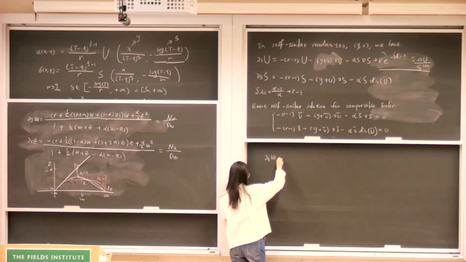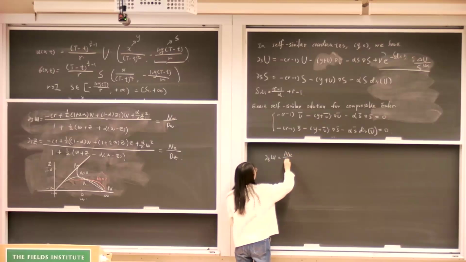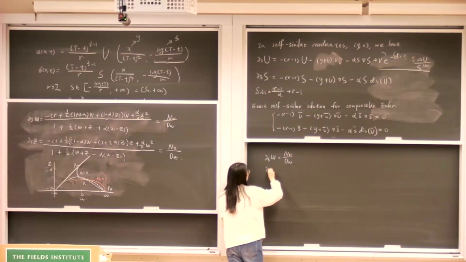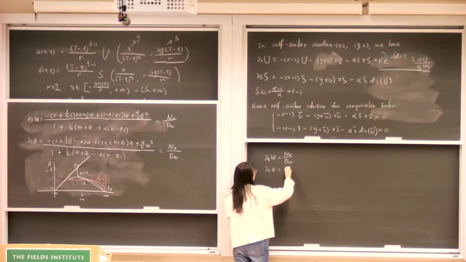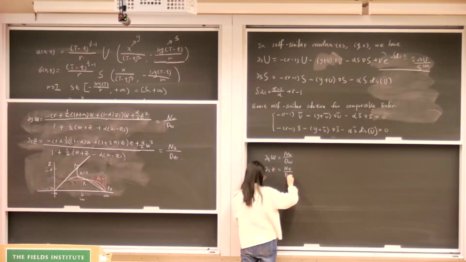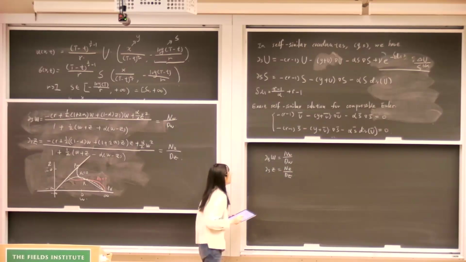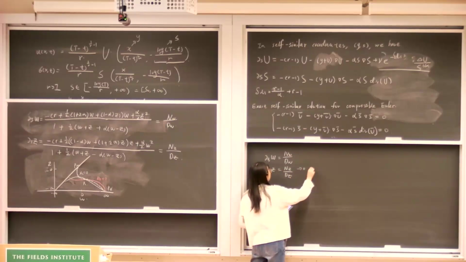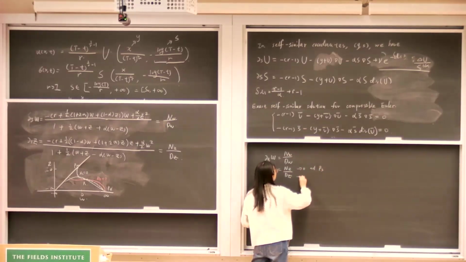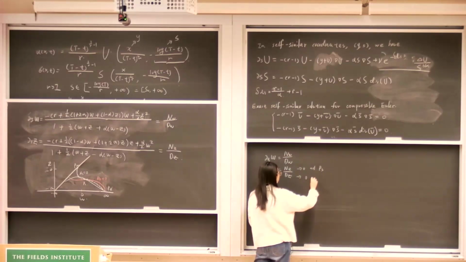So partial zeta over partial w is NW over DW, and partial zeta over partial z is NZ over DZ. At PS, this will tend to 0, and this will also tend to 0.